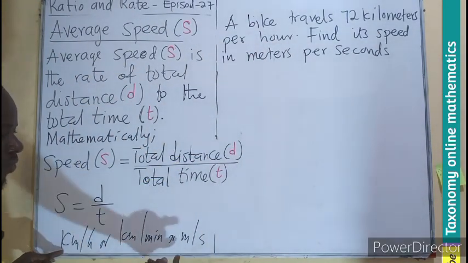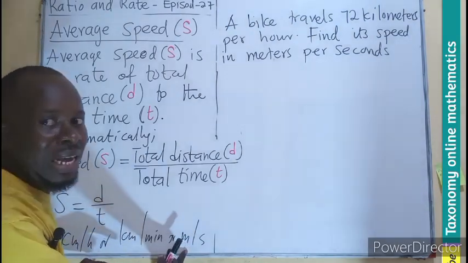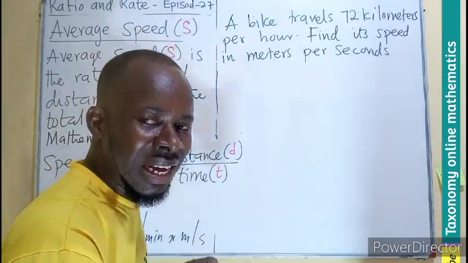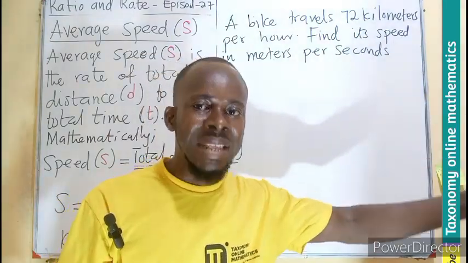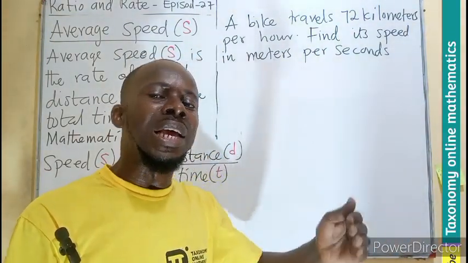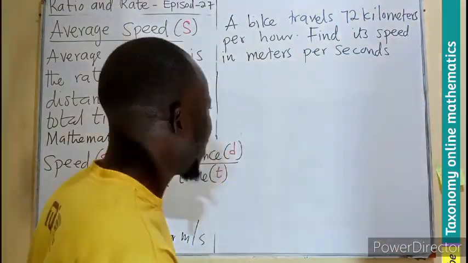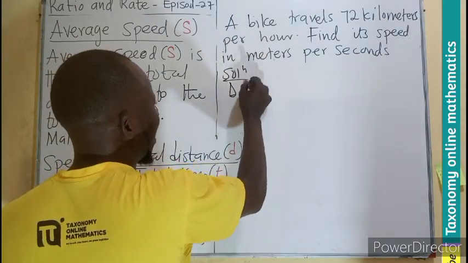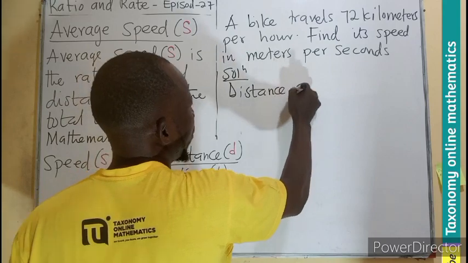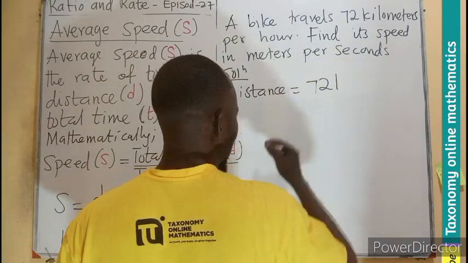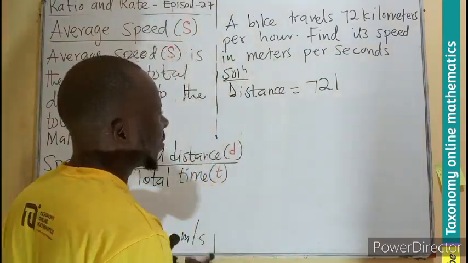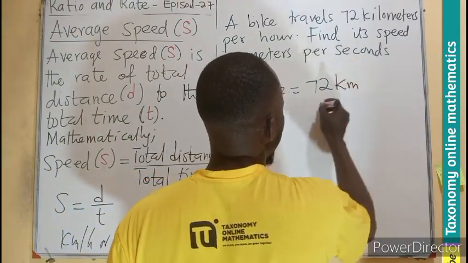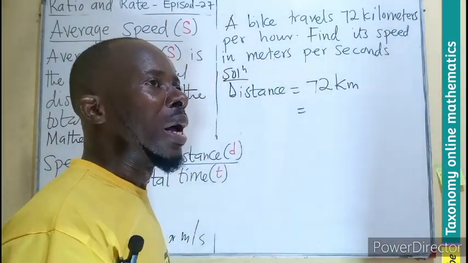But our calculation wants to be in meters per second, meaning we need to convert the kilometers to meters, then convert an hour into seconds. So in this case, our distance is 72 kilometers, and we convert that into meters.